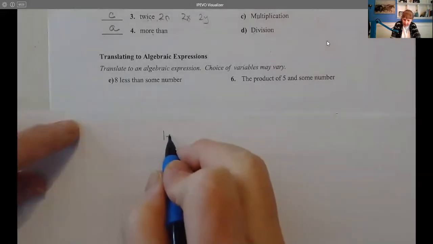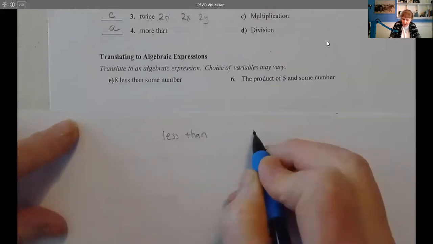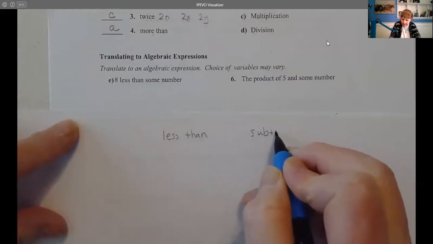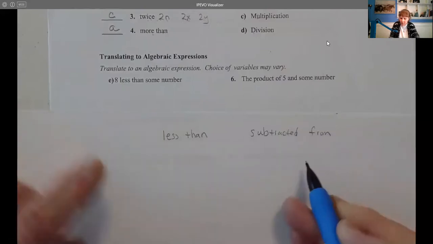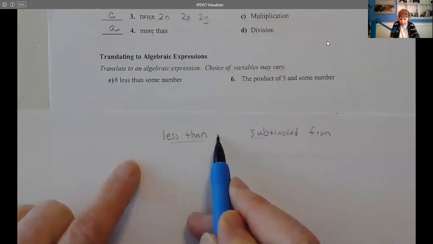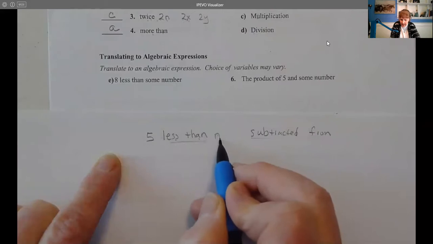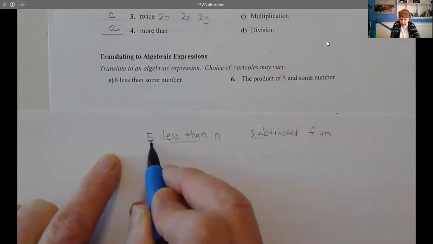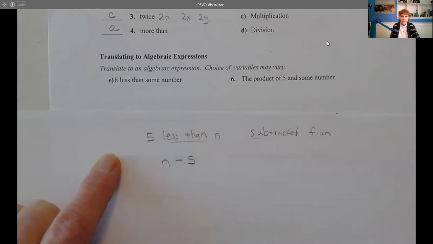So if we have 5 less than n, instead of reading left to right, it's n minus 5.